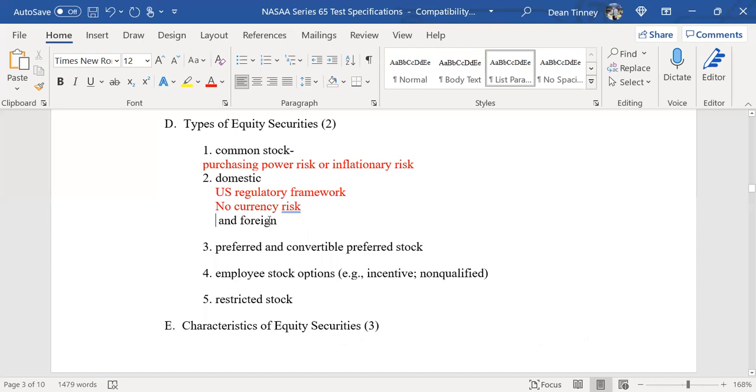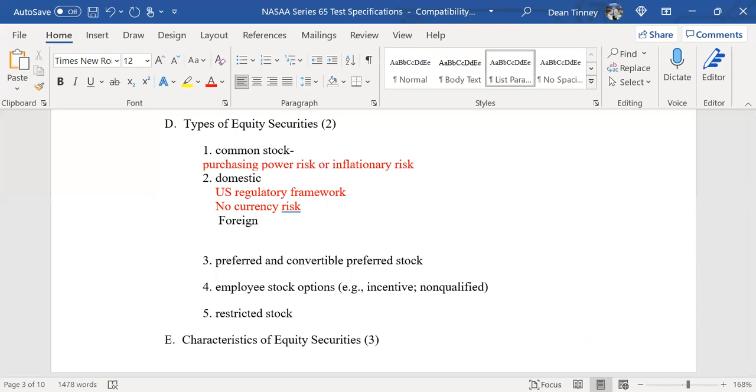Now, you might want to get some foreign securities in your customer's portfolio. And why would you want to add a foreign security to your customer's portfolio as an investment advisor representative? What you're hoping is that maybe some of those foreign stocks that you own, Nestle, Sony, Toyota, Samsung, would have different correlation than the U.S. stock market.